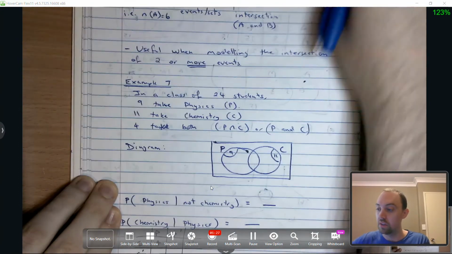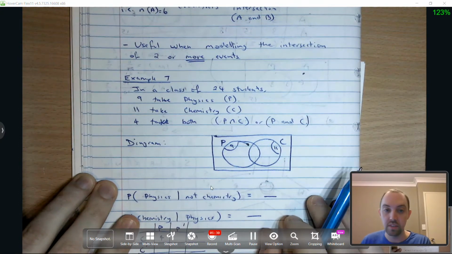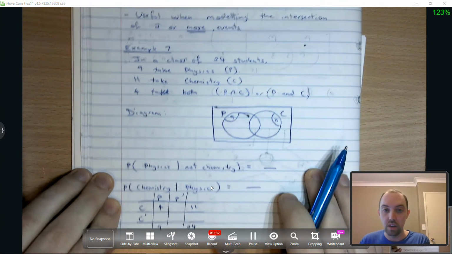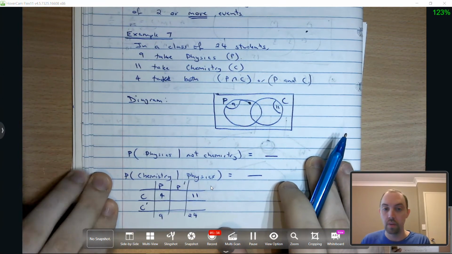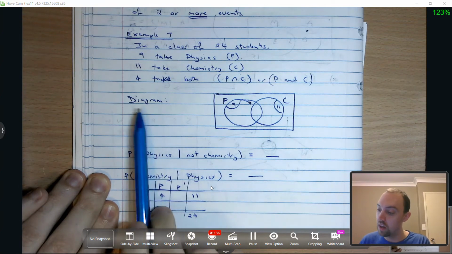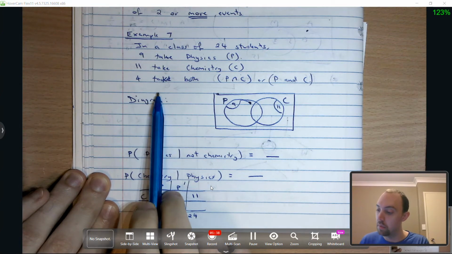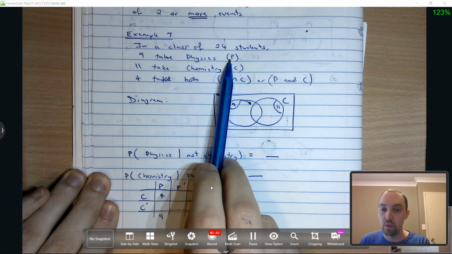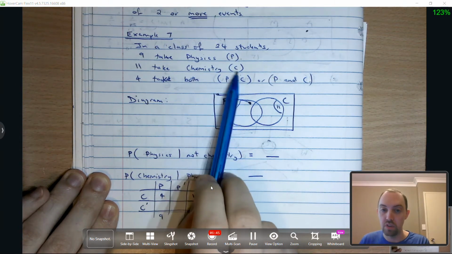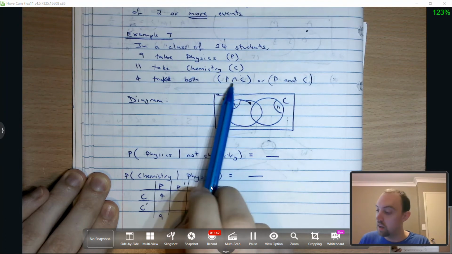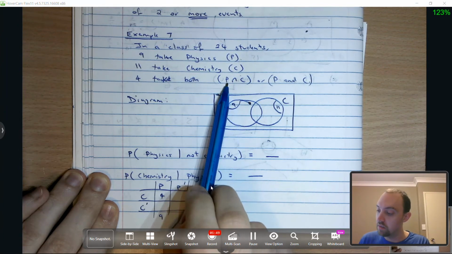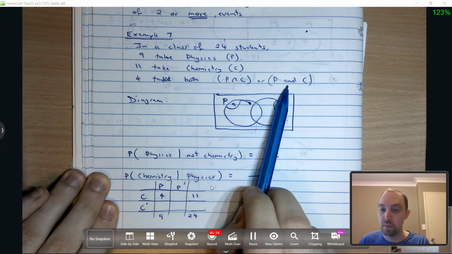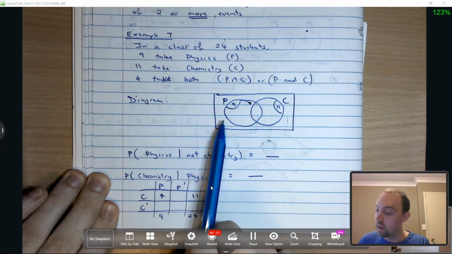Our first example is: in a class of 24 students, 9 take physics, 11 take chemistry, and 4 take both physics and chemistry. I've called physics P, chemistry C, and the intersection of P and C is 4.